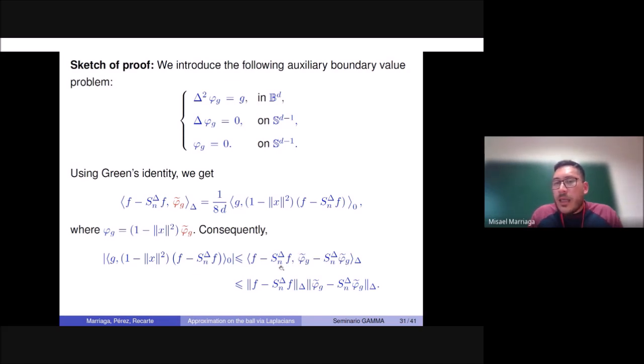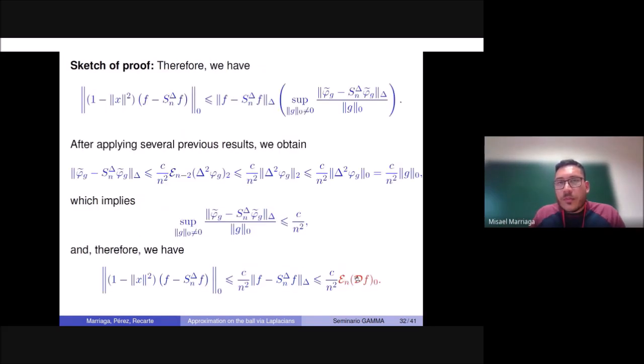Then I use the Cauchy-Schwarz inequality to split this into two parts. Here I have an error that does not involve G, and here I have another error that involves G. So if I put this in the previous supremum, I can take out everything that does not depend on G, and now I have this new supremum that I have to bound.